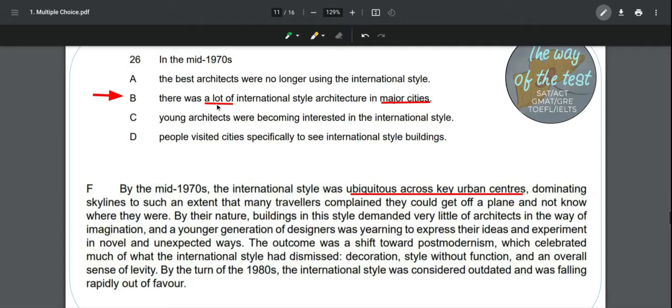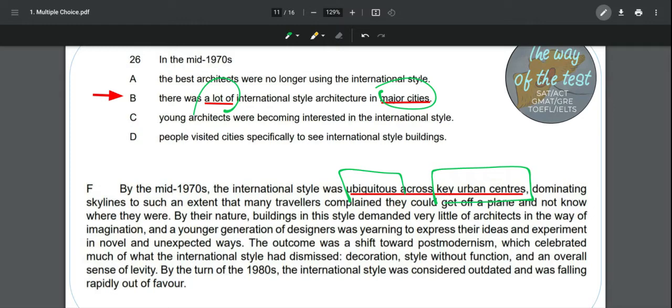There was a lot of international style architecture in major cities. So we go to the keywords major cities and a lot of. When we see the alternative, we don't find the expression major cities, but we find key urban centers, and we don't find the expression a lot of, but we find ubiquitous.